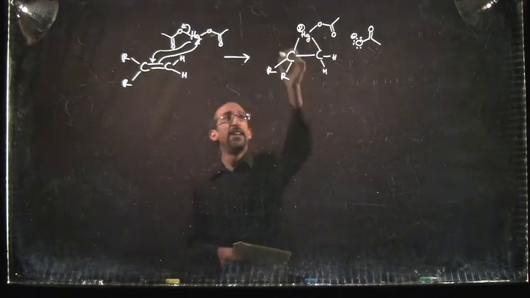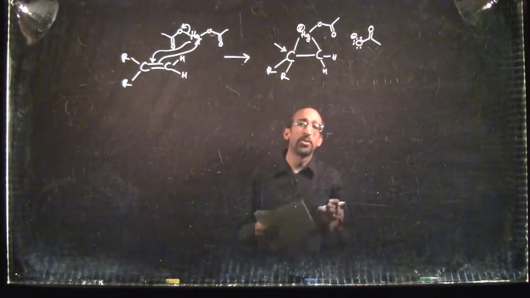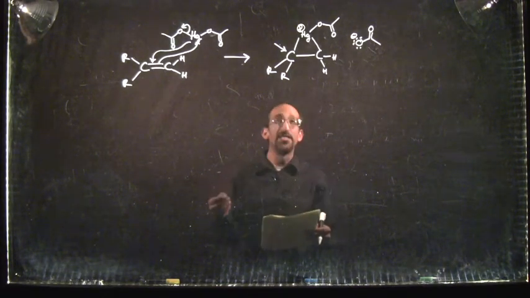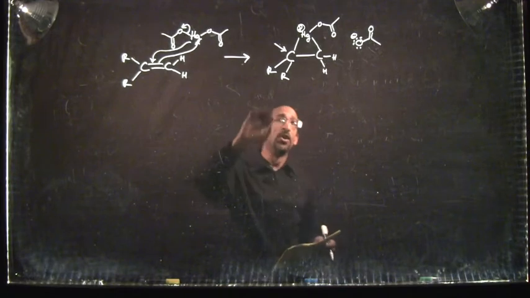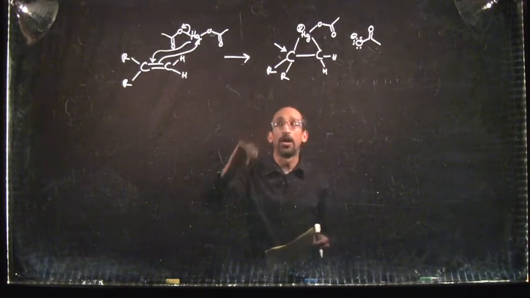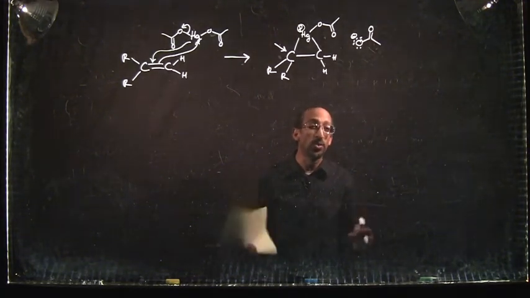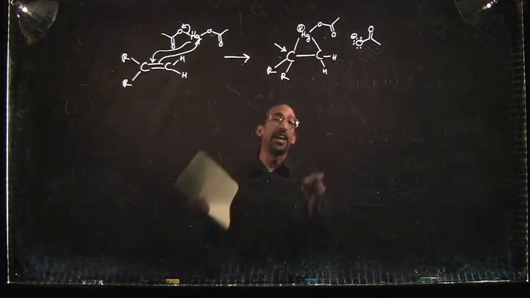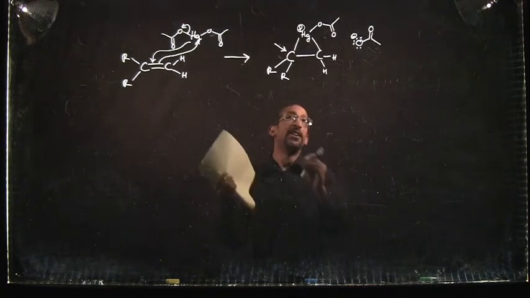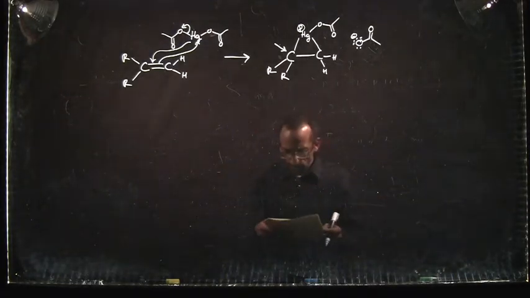We can think that this tertiary carbon is better able to support a developing partial positive charge, which means that our nucleophile will preferentially react with the more substituted carbon. Again, this is going to follow Markovnikov's rule in that the nucleophile ends up on the more substituted carbon, or where that most stable carbocation would be, right?